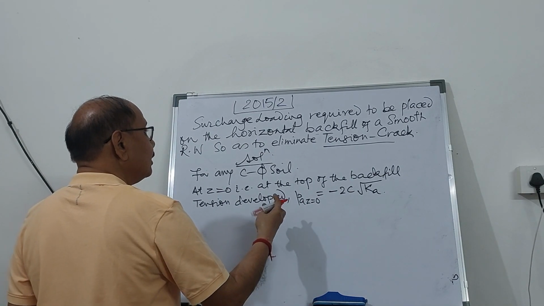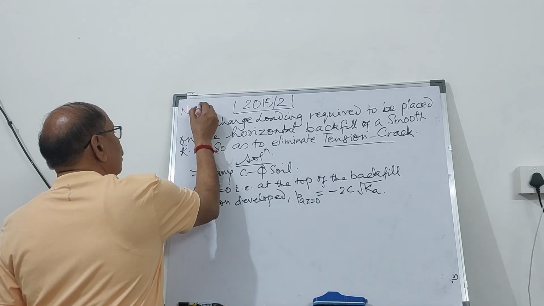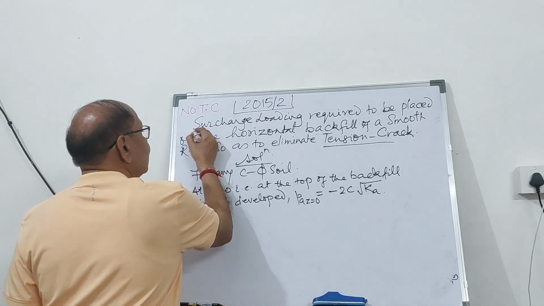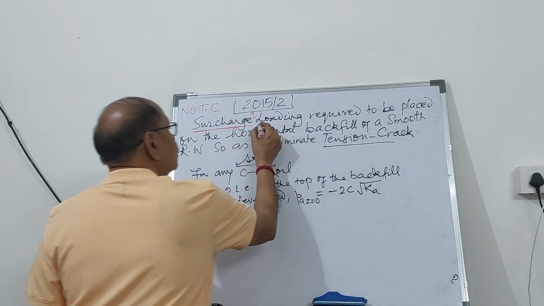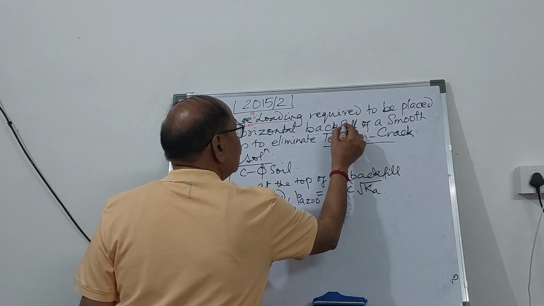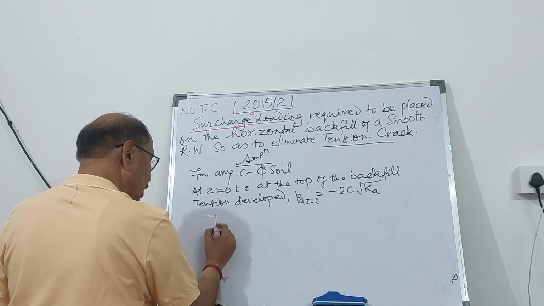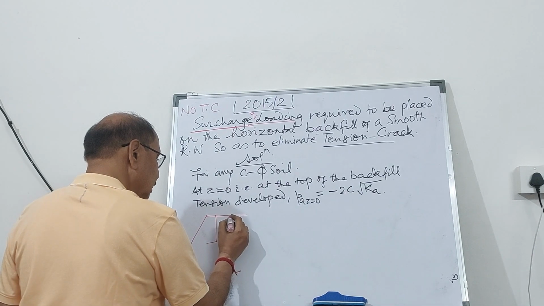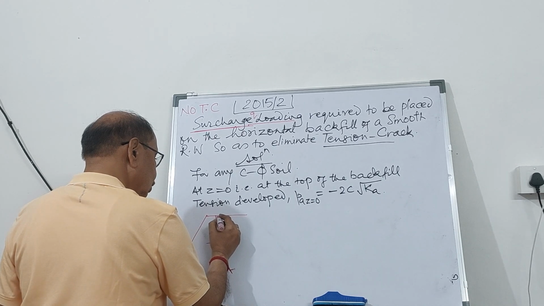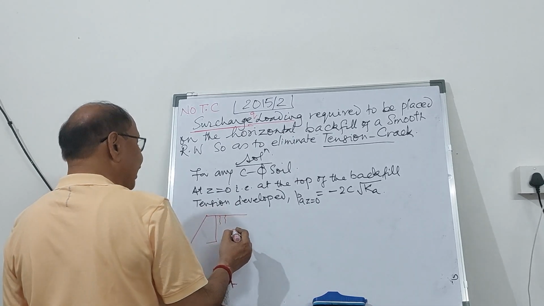Right? Now, the question is here, if you want no tension crack, what should be the surcharge Q? So surcharge loading Q required to be placed on the horizontal backfill. So if you have a retaining wall here, you will have a tension crack. This tension crack has to be eliminated.